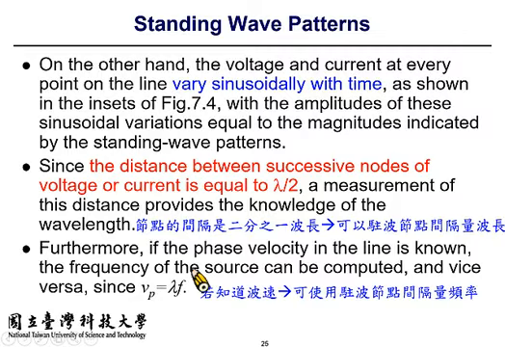And if you know the propagation velocity on the transmission line, you can calculate the frequency. On the other hand, if you know the wavelength on the transmission line and the frequency of your signal, you can take the product of the wavelength and the frequency, and derive the propagation velocity on this transmission line using this relationship, right?